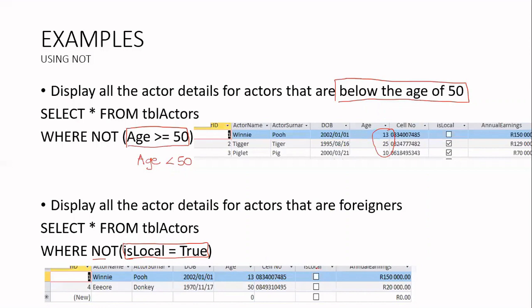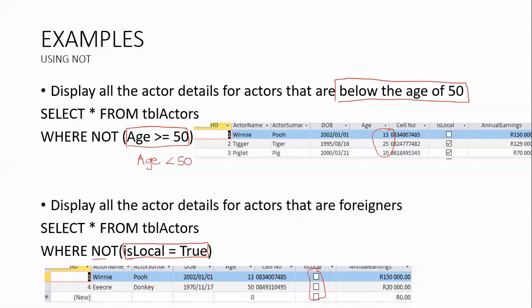And you'll notice there are no ticks. That means that they are foreigners. I guess a more appropriate example where we could use the not, the example that comes to mind in Delphi, if we are trying to find the consonants, and you have vowels, they make up the 26 letters of the alphabet.